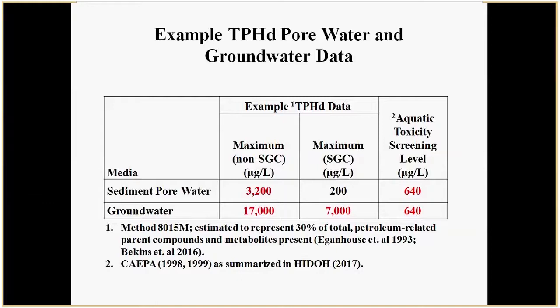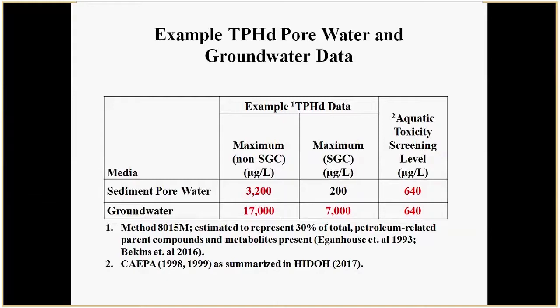That's because it's mostly degraded compounds, these metabolites that have a higher solubility than the original diesel fuel. Also noted here was that your standard TPH diesel tests for these water samples compared to the total organic carbon test suggested that you're missing about 30% of the petroleum-related parent compounds and metabolites in the groundwater using just TPHD.